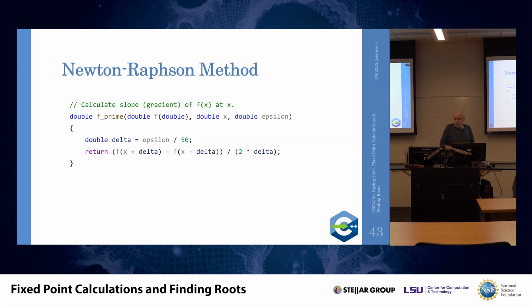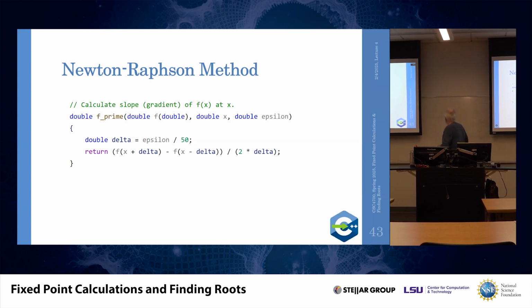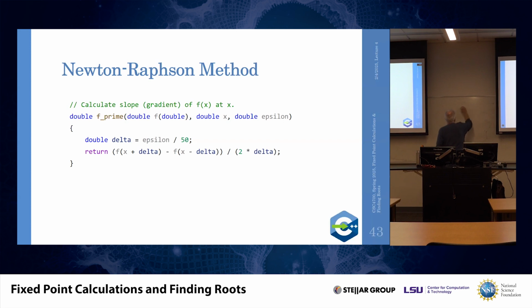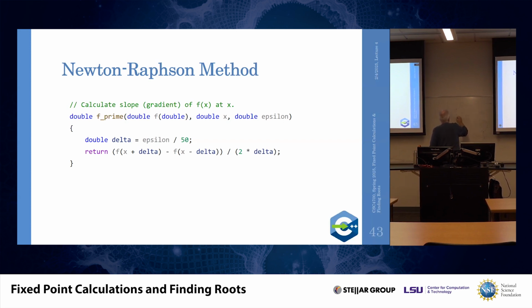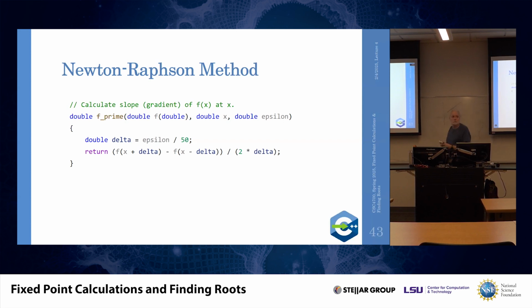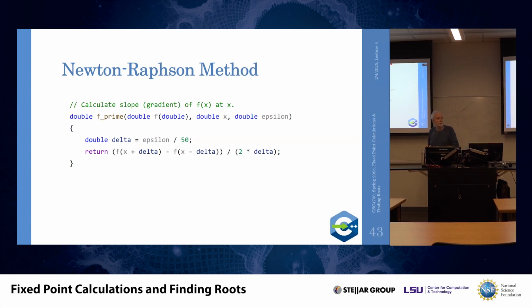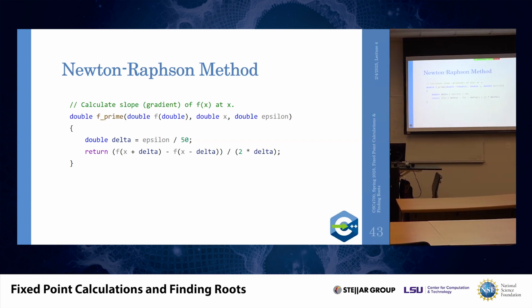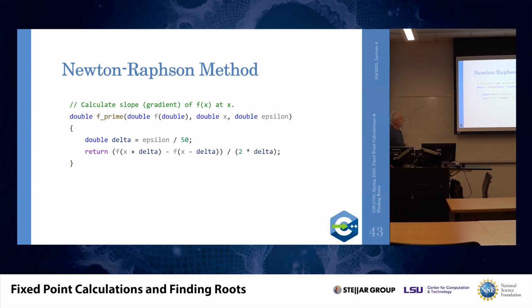And if you think about it, the slope of an arbitrary function at some point here can be computed dynamically by going a bit to the left, going a bit to the right, and just drawing a line through these 2 points and taking that as an approximation of the derivative at point x.